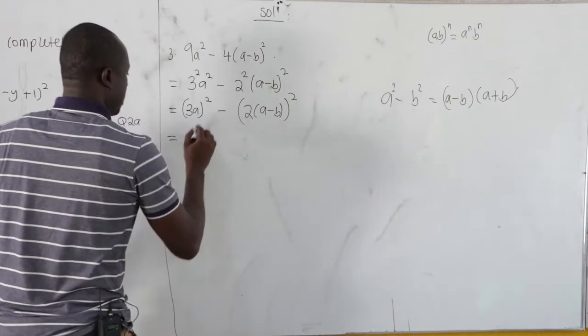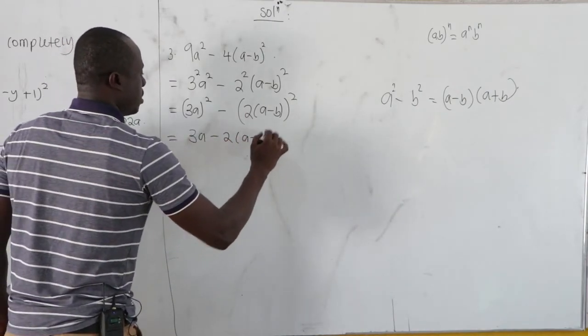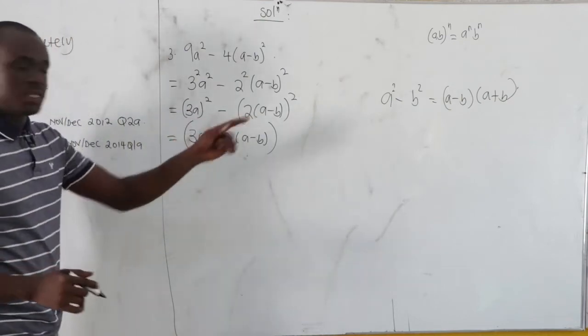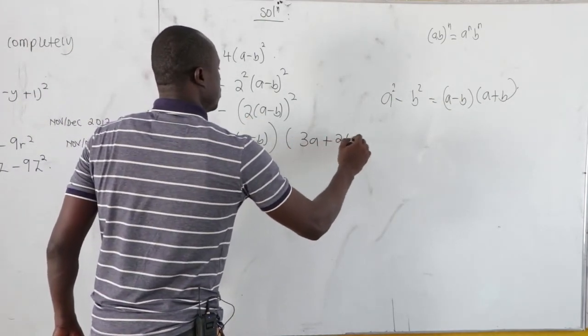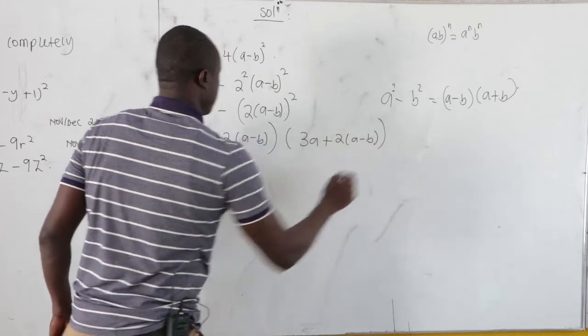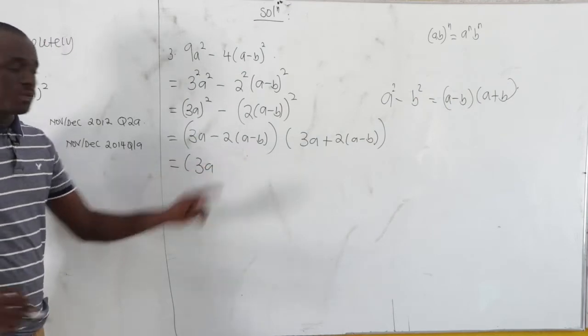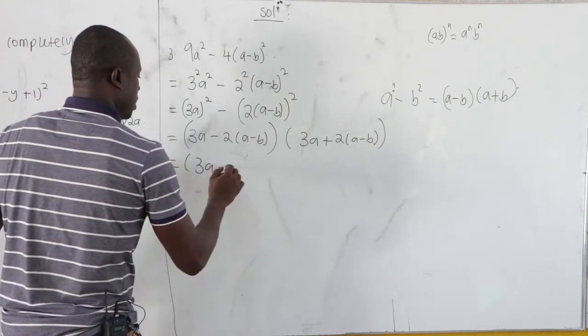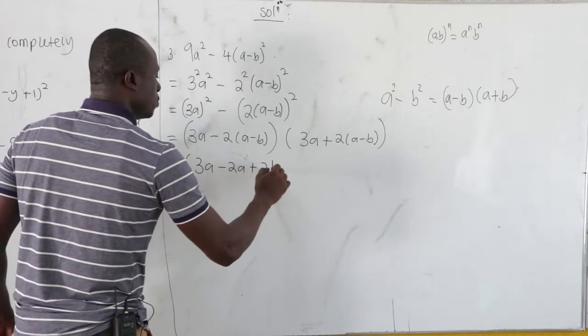Hence, this one is just 3a minus 2(a minus b). That's the first term, a minus b, and then a plus b. That is 3a plus 2(a minus b). Now let's expand here using the distributive property. Negative 2a plus 2b.